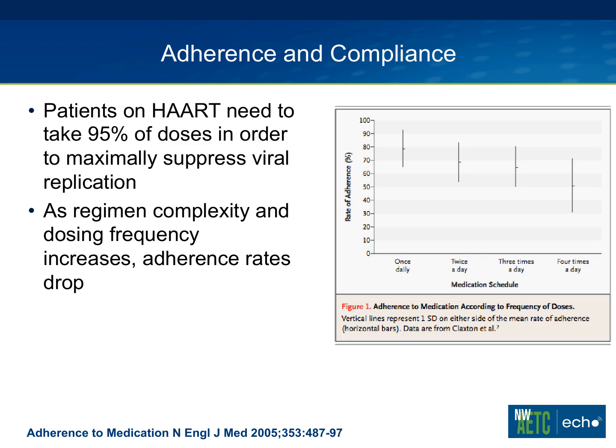And when we look at the figure off to the right, this figure shows us data from a systematic review demonstrating this inverse relationship between rates of adherence and dosing frequency or medication schedules. And it confirms what you may already suspect or know, that as regimen complexities increase, adherence rates drop.